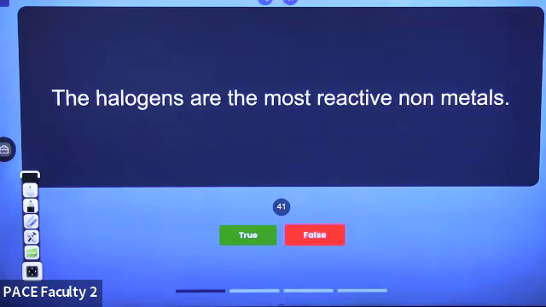I think this is a very easy statement. False, Nichar is saying false. Dumka, true. Very good. Lahul, very good. Anupur, where are you? He is saying that halogens are the most reactive non-metals. First of all, halogens are non-metals. Second, are they reactive or not? Absolutely correct, they are most reactive. True.